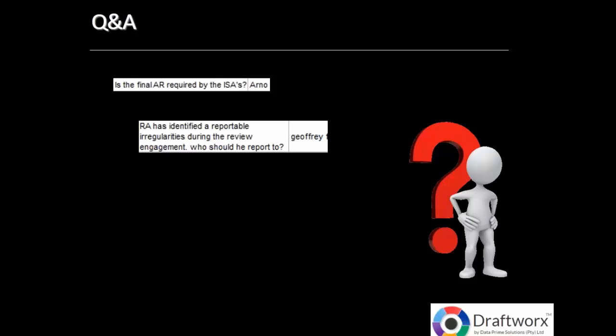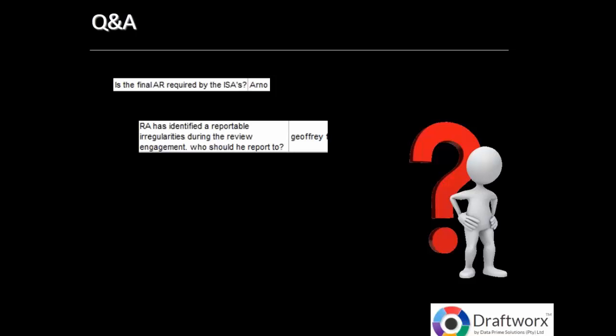Okay, I see there's an answer I'm getting from Farida, and that I think is pretty much what I was saying. She's saying that for an independent review, if you pick up a reportable irregularity, you have to report it to the CIPC, so it is a reporting requirement. And thanks, Warren, I'm getting an answer as well.